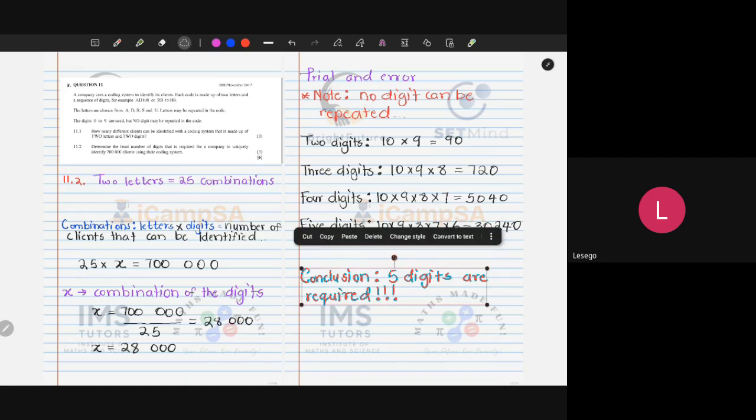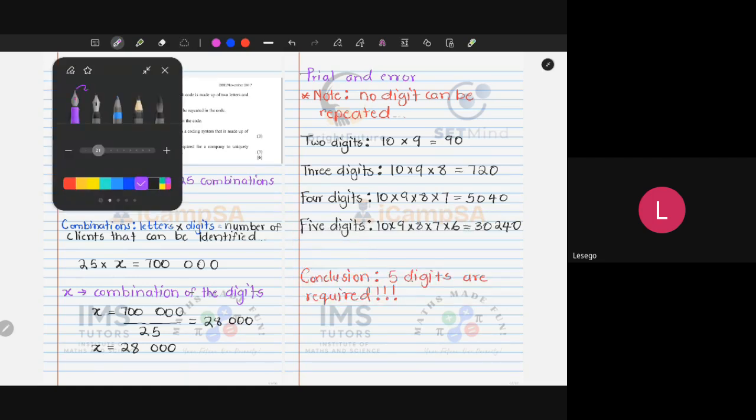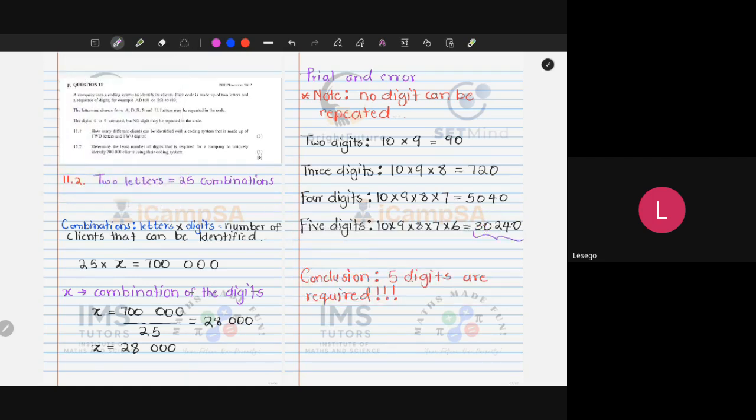Because we require 28, and 30 is bigger than 28. So when we look at our total combinations, it will at least meet the 700,000 that they need. Because what we are going to have is 25 by this 30 to 40.